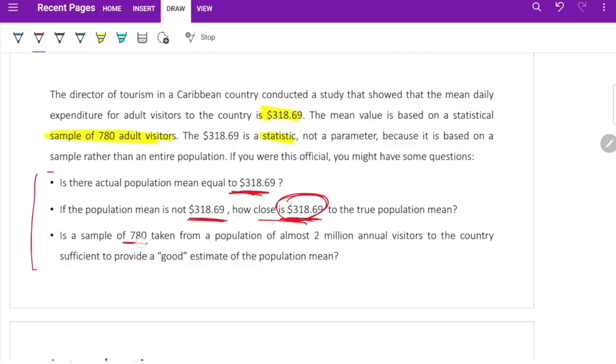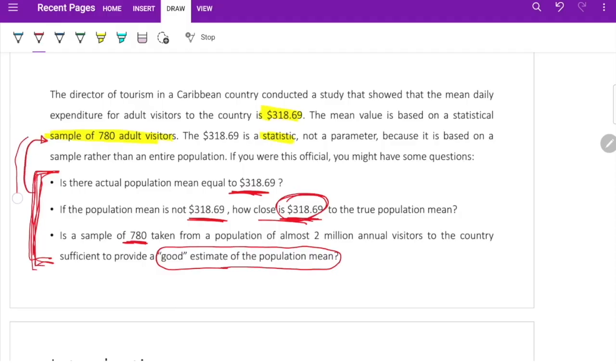Is this sample of 780, taken from a population of almost 2 million annual visitors to the country, sufficient to provide a good estimate of the population mean? All of these questions are valid, and yes, we care. We need to know about these things. That's why we took a sample, and we would like to make a decision about the population.